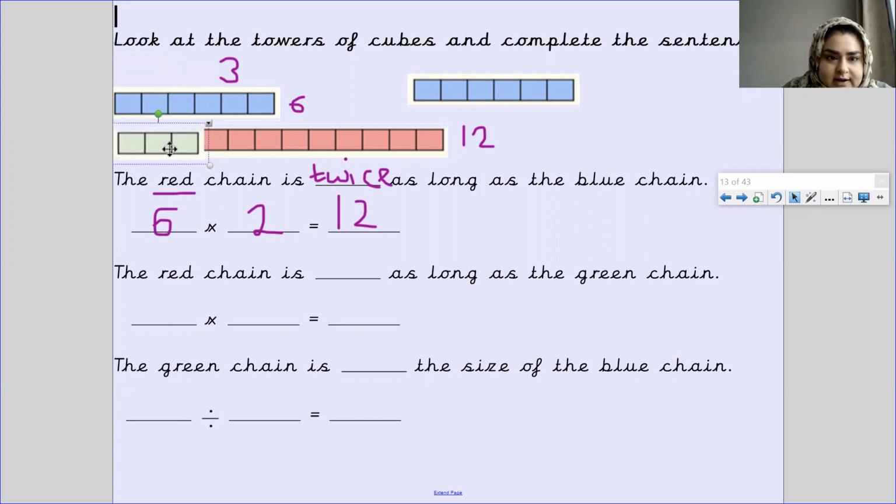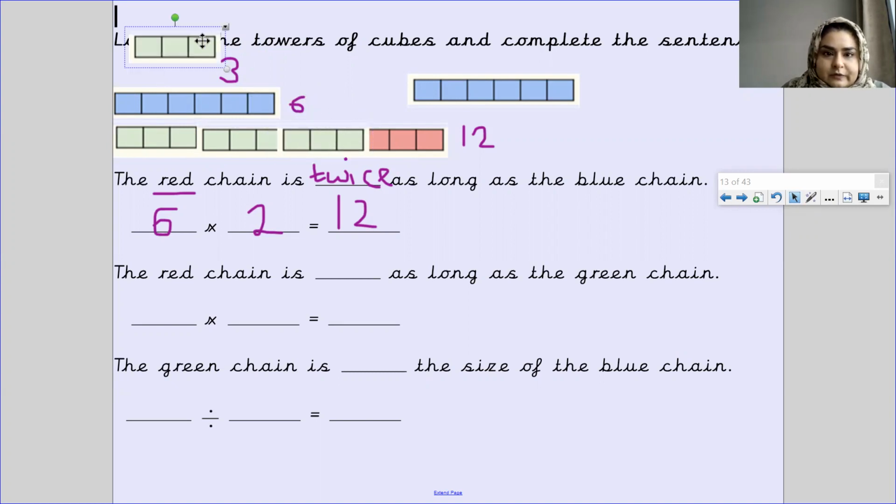So I have 1, 2, 3, 4. How many did I use to make up the red chain? Fantastic. I used 4. 1, 2, 3, 4.